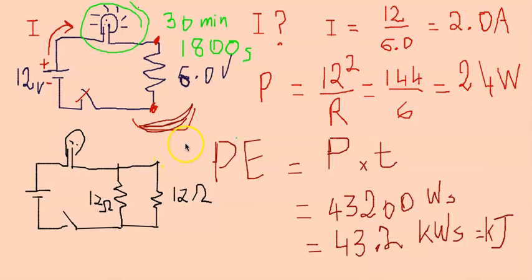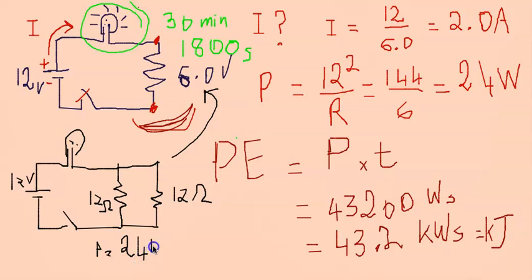So what does it mean? If we keep the same values, 12 volts here, 6 ohms, 12 ohms, 12 ohms, that is the equivalent of 6 ohms if you do the calculations for the equivalent resistance. So we're going to keep the same power for the whole system, 24 watts.